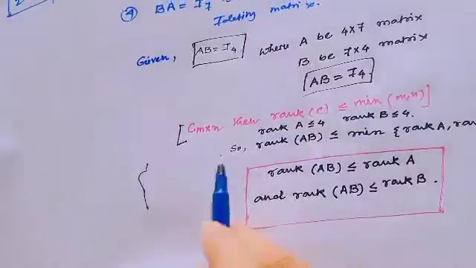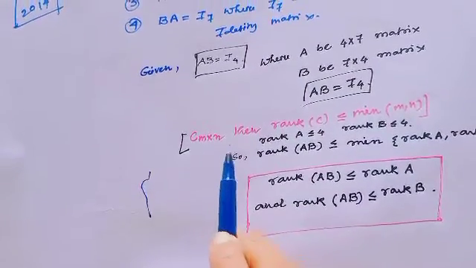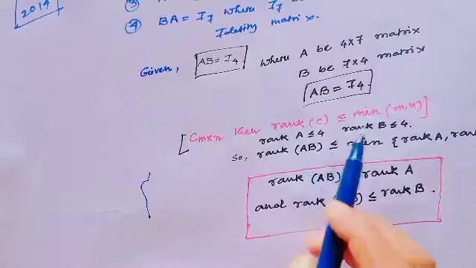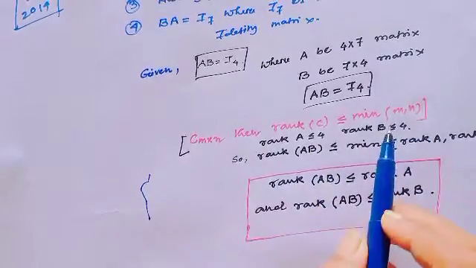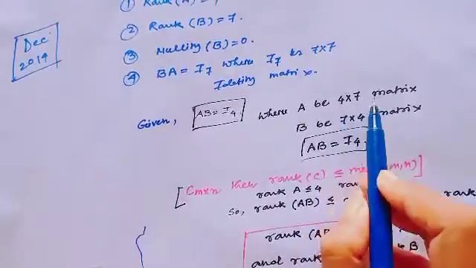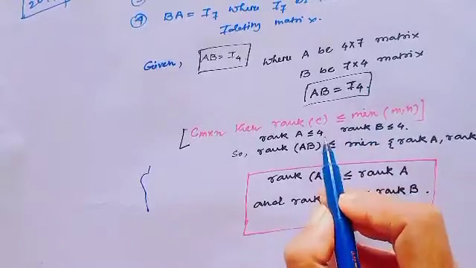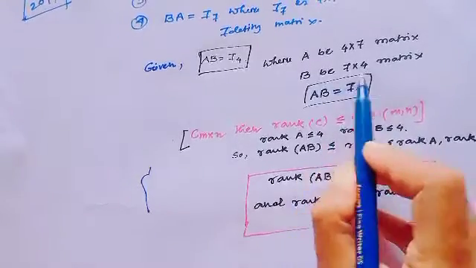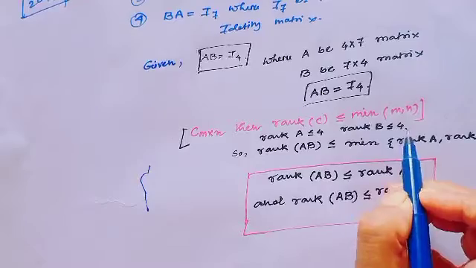We all know this theorem: if C is an M cross N matrix, then rank of C is always less than or equal to the minimum of M, N. Therefore, since A is a 4 cross 7 matrix, rank of A is less than or equal to 4, and B is a 7 cross 4 matrix, so rank of B is less than or equal to 4.